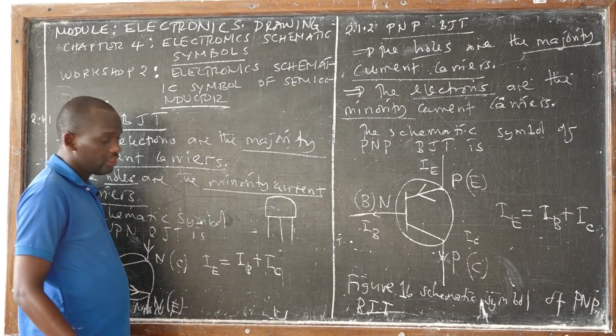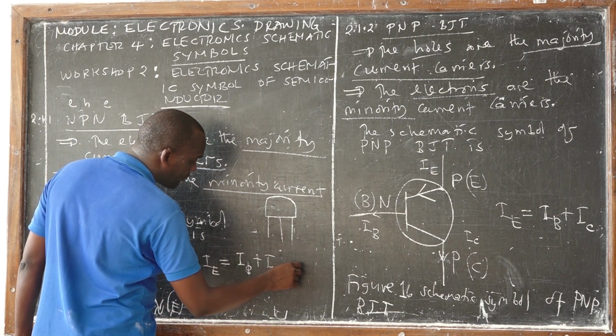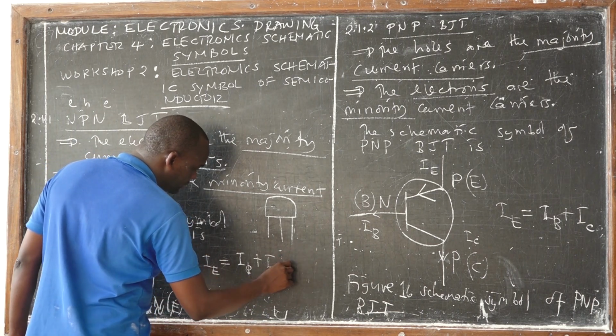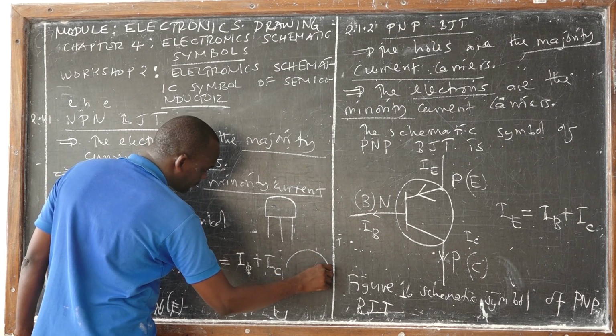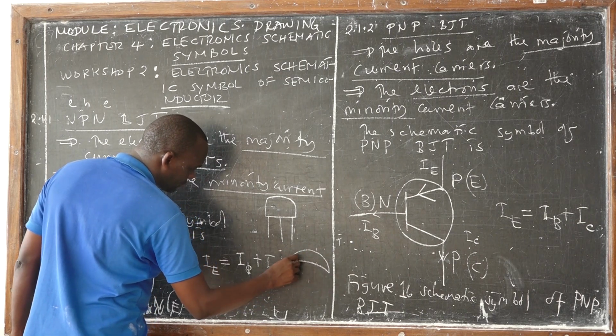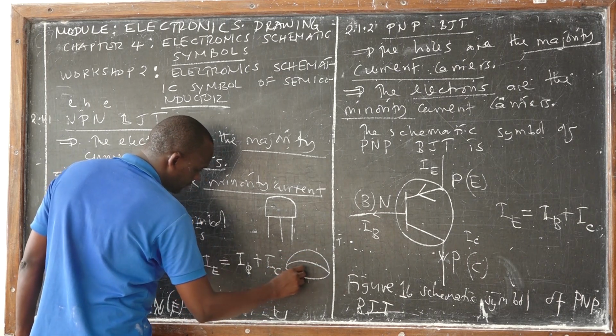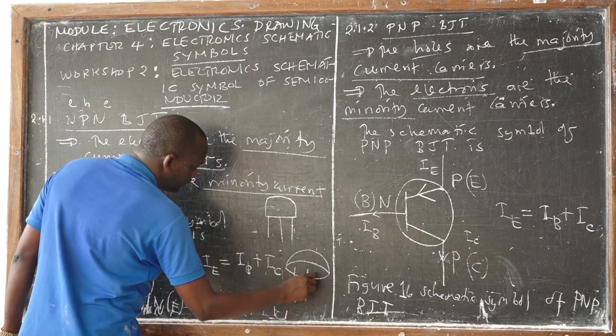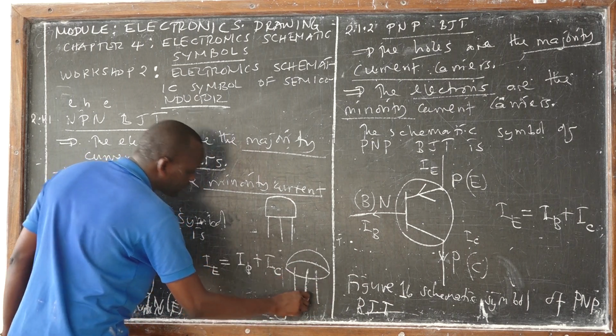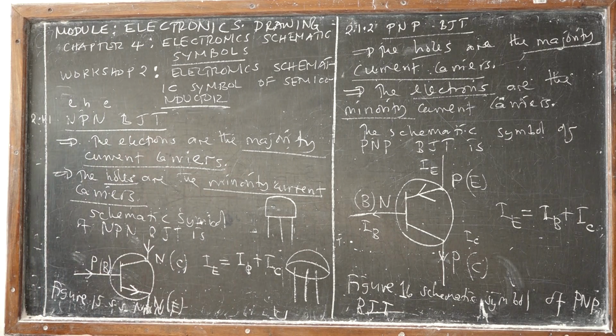Are we together? You might find some transistors in this shape. So there are different physical appearances of transistors.